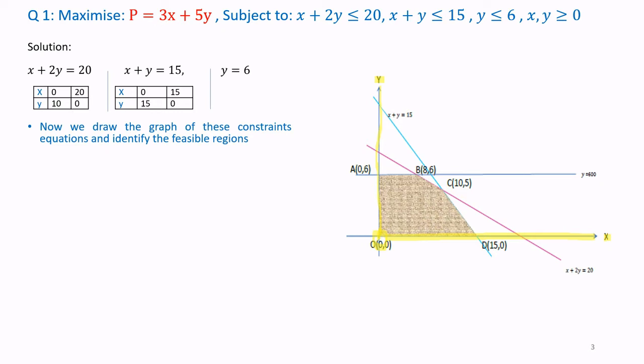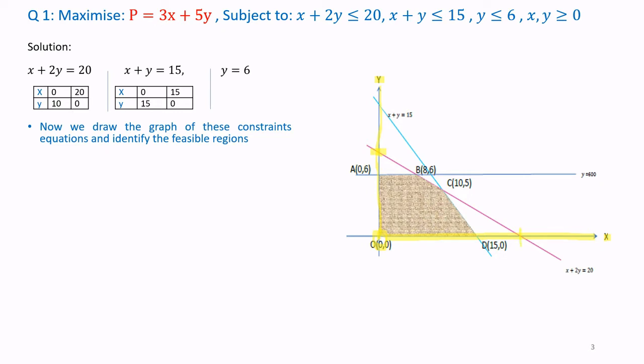Now next we will select y is equal to 0. When y is equal to 0, x is 20. So x is 20 is the point here.